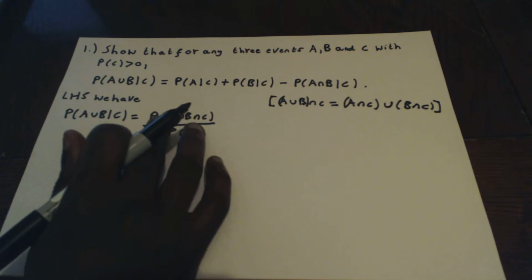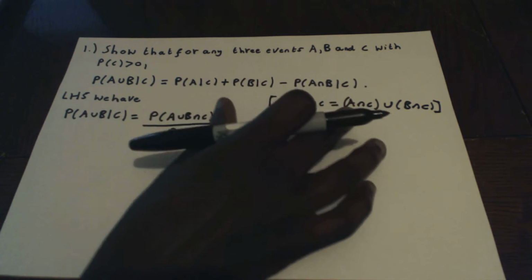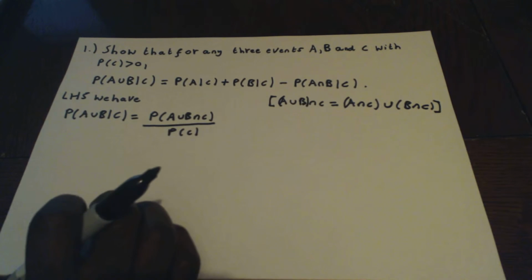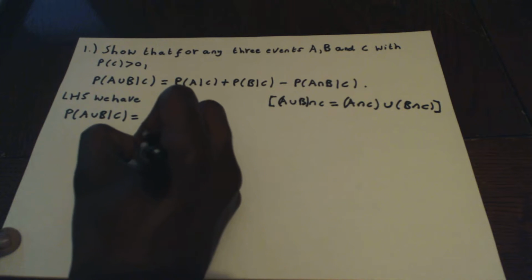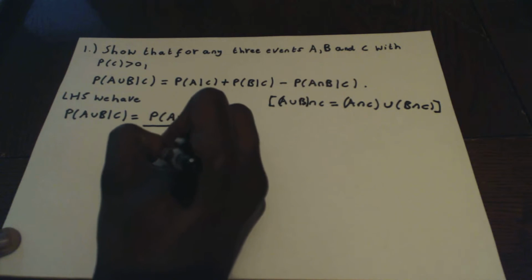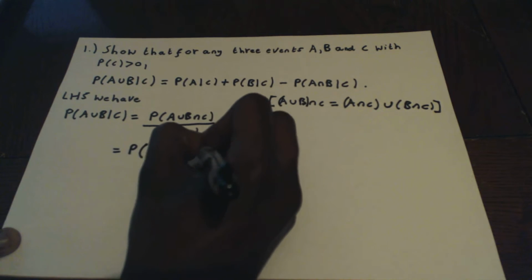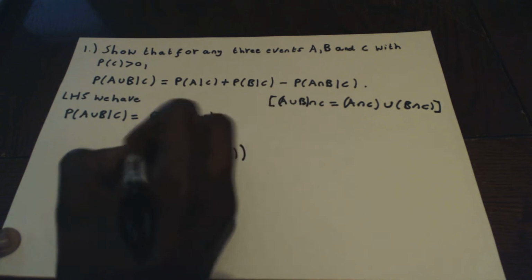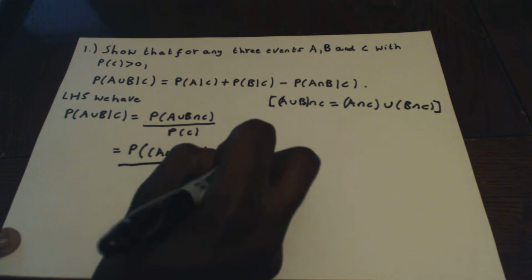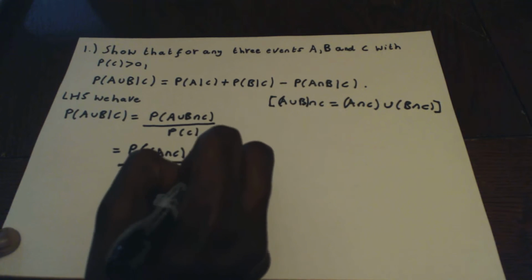So we can replace the probability of A union B intersection C with A intersection C union B intersection C. So let's do that. So we have the probability of A intersection C union B intersection C all over the probability of C.